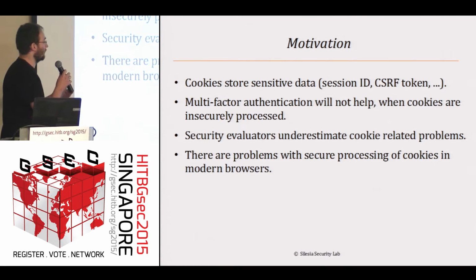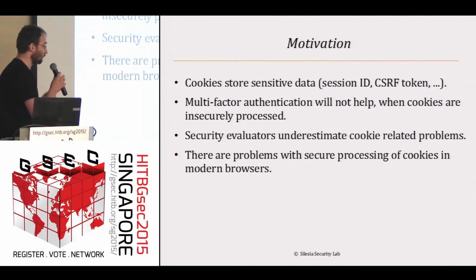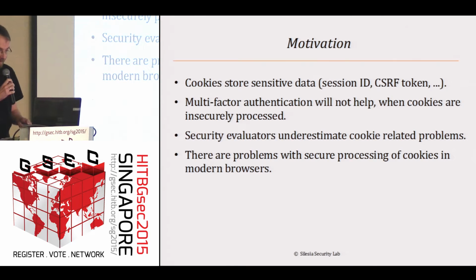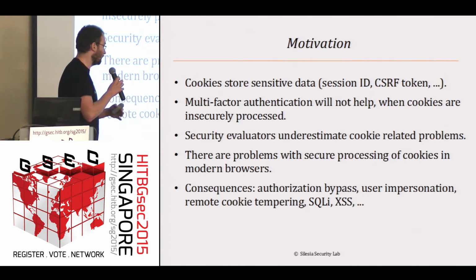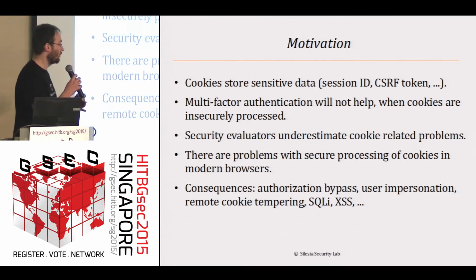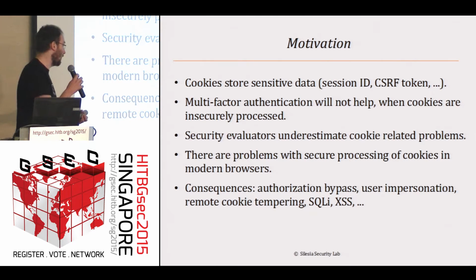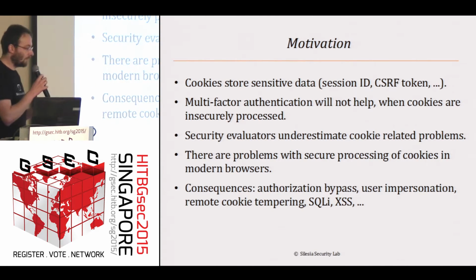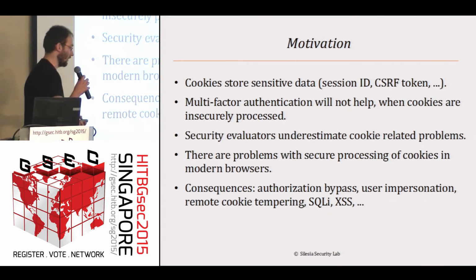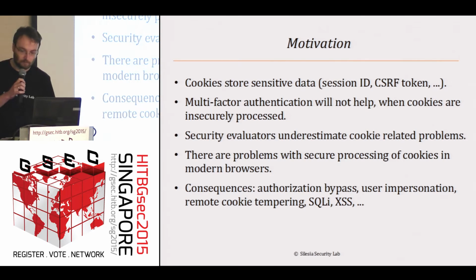So it's also very good to talk about this perspective of cookie hacks, okay? And what about the consequences before going to details? The consequences of insecure cookie processing are, for example, user impersonation, authorization bypass, remote cookie tampering, and so on and so forth. So really bad things can happen if we don't take cookie processing seriously.